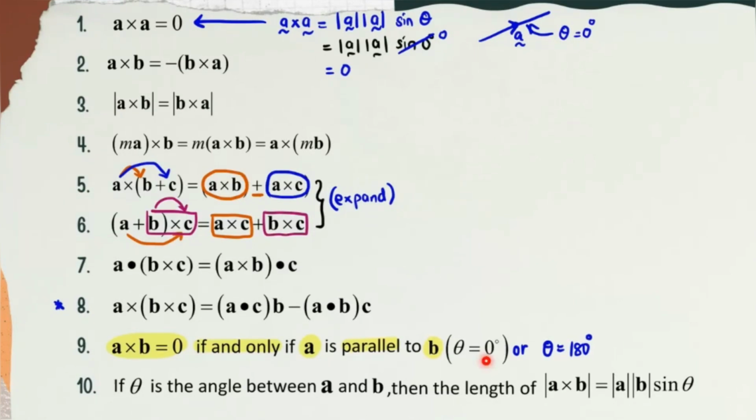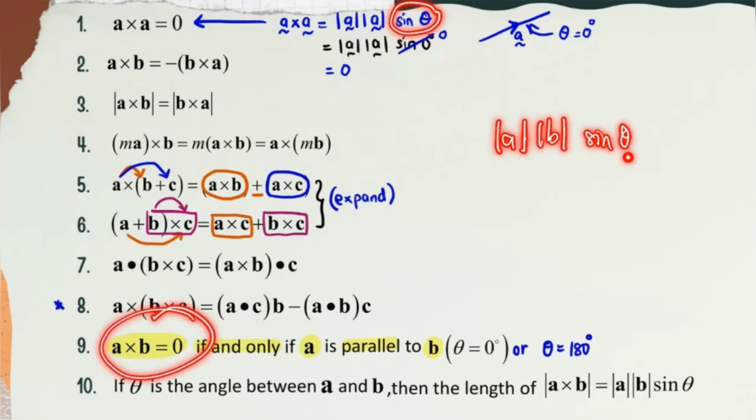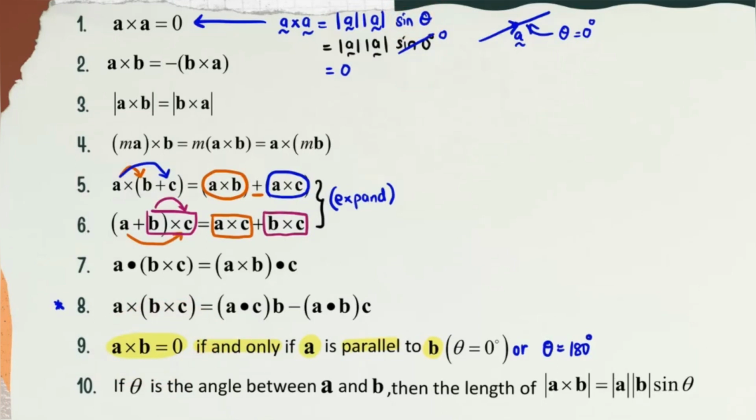Sebabnya bila gantikan this theta dalam our formula magnitude A, magnitude B sin theta. Okay, sin 0 dapat kosong, sin 180 pun dapat kosong. So that's why kalau kita parallel, dia akan jadi A cross B equals to 0. Okay, so kalau nak tunjuk dia parallel, kita gunakan cross. Kalau nak tunjuk dia perpendicular, kita akan gunakan dot lah.